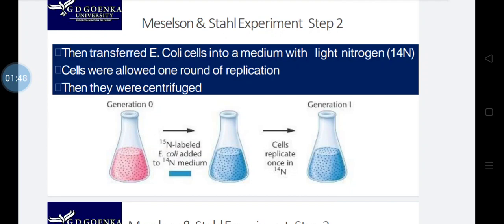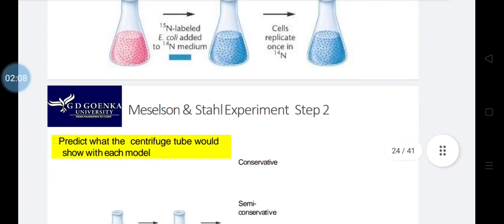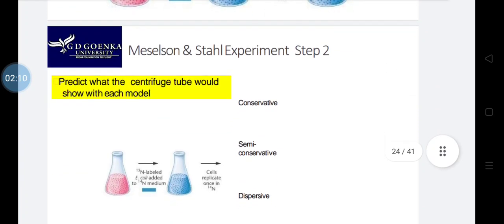The cells were allowed one round of replication only. It was a very restricted growth, and the cells were allowed to grow for only one cycle. Then they centrifuged the cells.